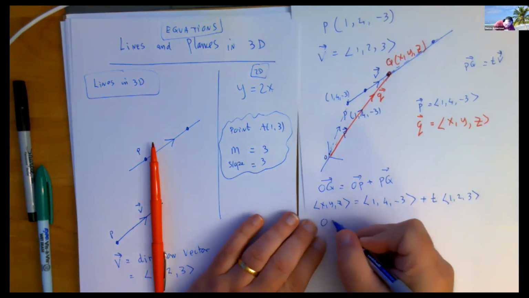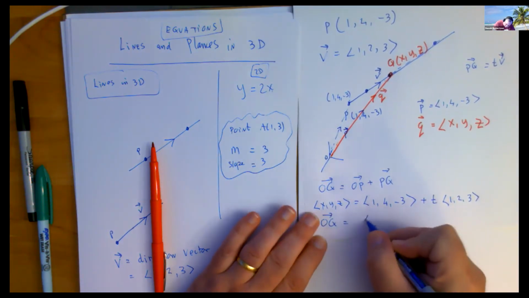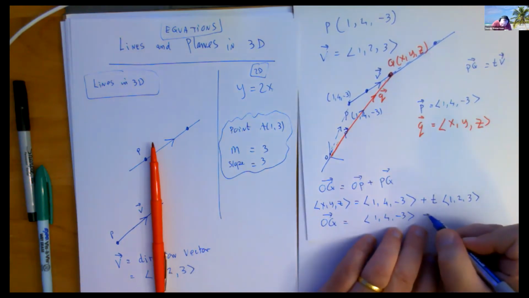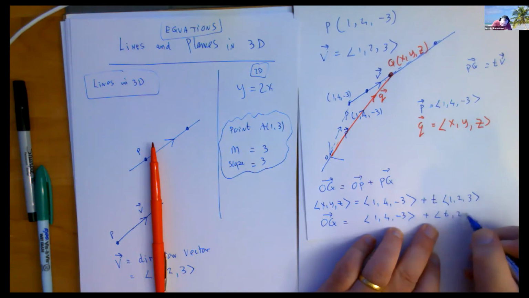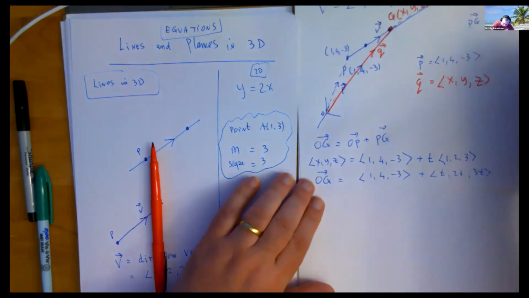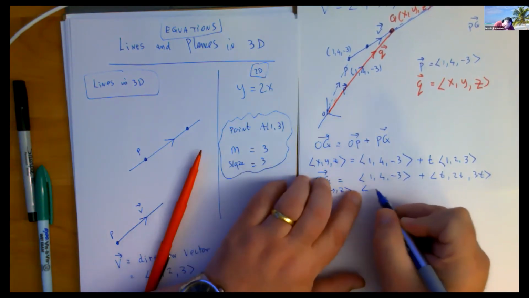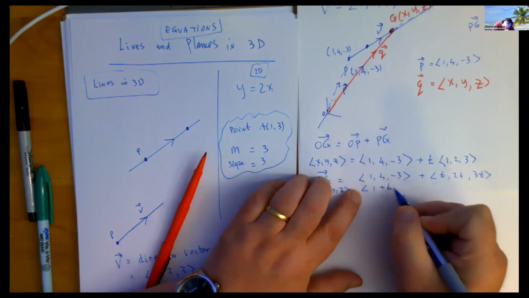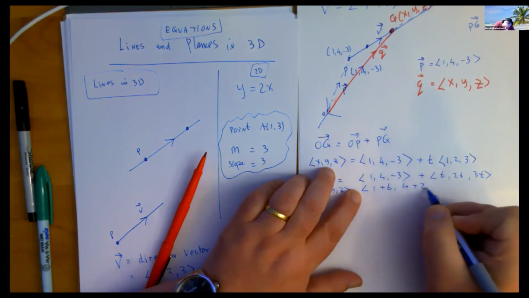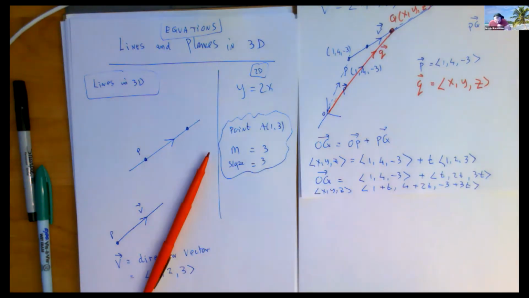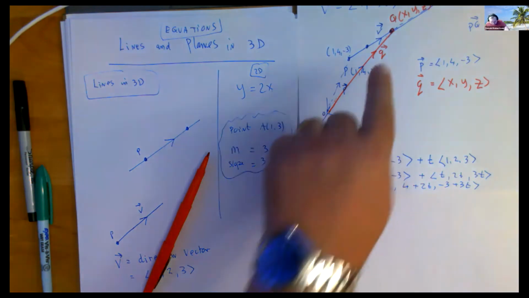And so OQ is 1, 4, -3 plus T, 2T, and 3T. And I'll turn it back into X, Y, Z again. And what do you get? You get 1 plus T, 4 plus 2T, and -3 plus 3T. So that is the equation of this line.